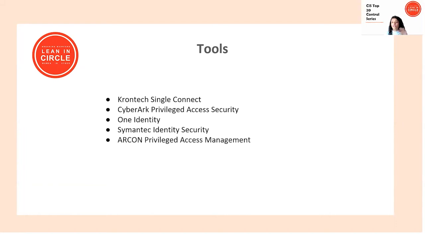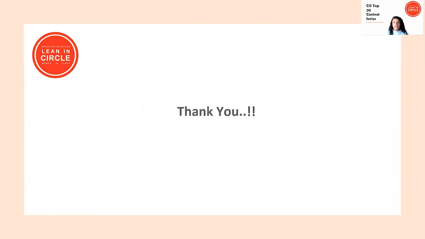It helps to automate the access control for your organization. Same way you have Arcon, Symantec, and Centrify. These are the different tools that help to speed up your procedure for access control or monitoring as well, right? So these are the PAM tools. You can use the Active Discovery tool as well. So yeah, thank you.